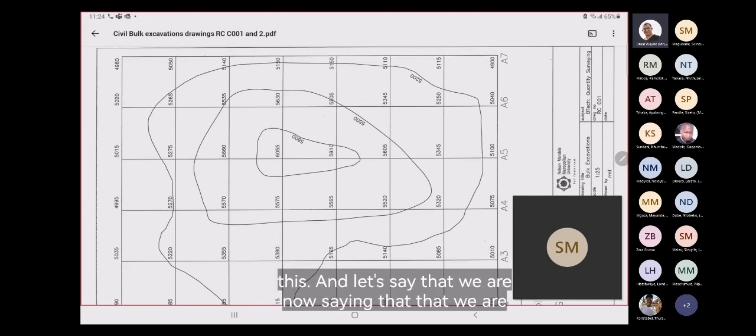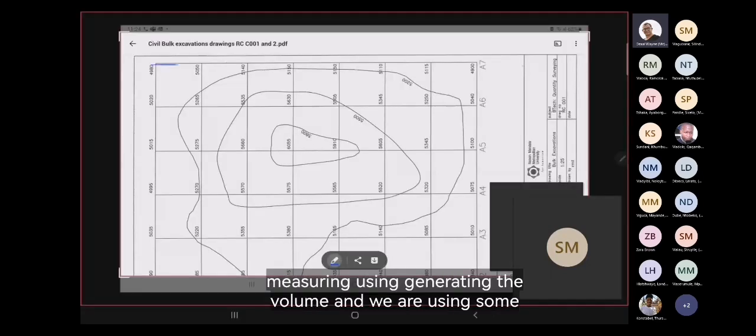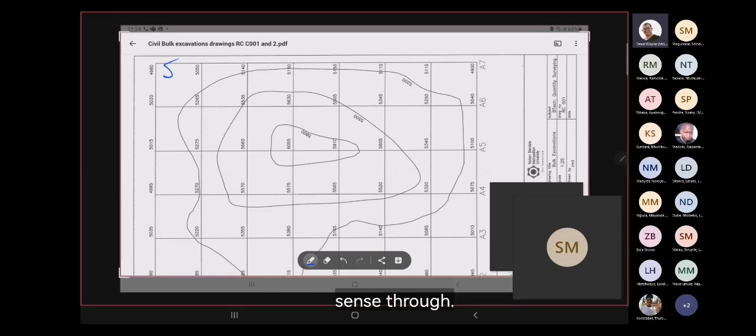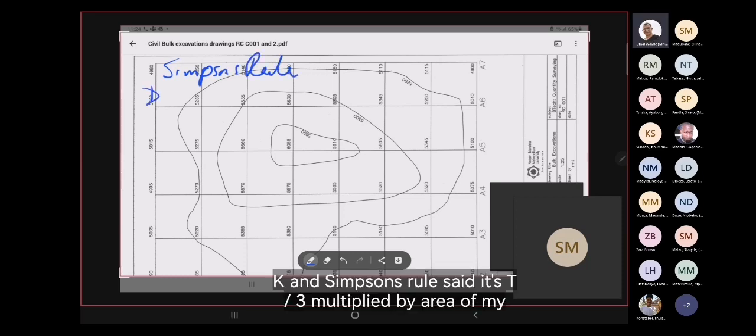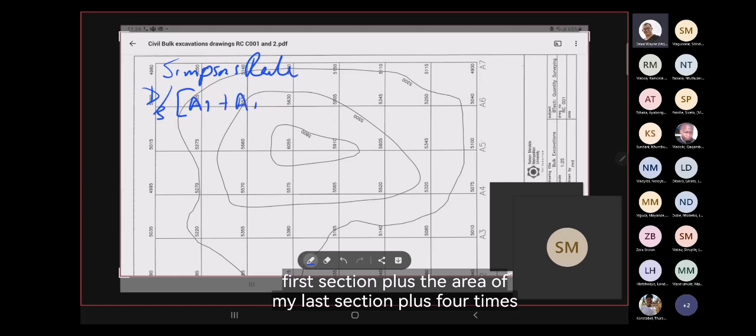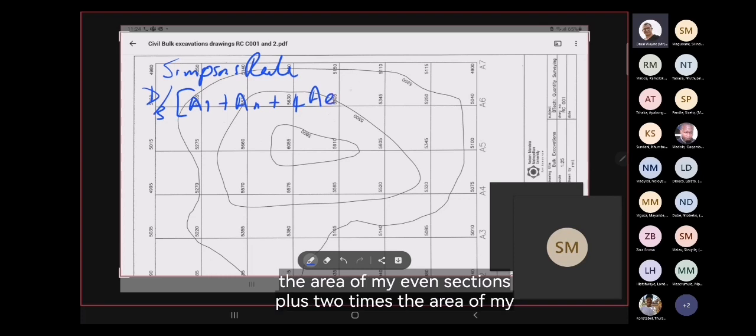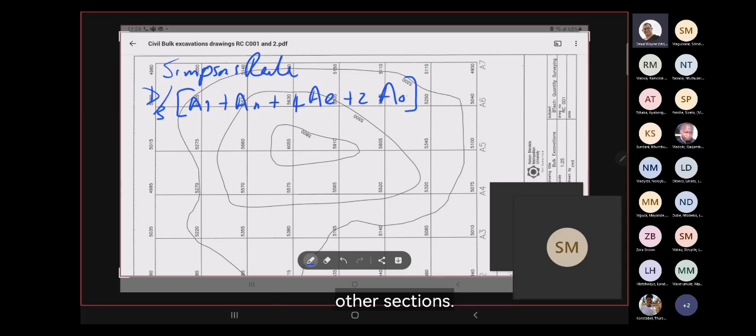We are now saying that we are generating the volume using Simpson's rule. Simpson's rule is D over 3 multiplied by the area of my first section plus the area of my last section plus 4 times the area of my even sections plus 2 times the area of my other sections.